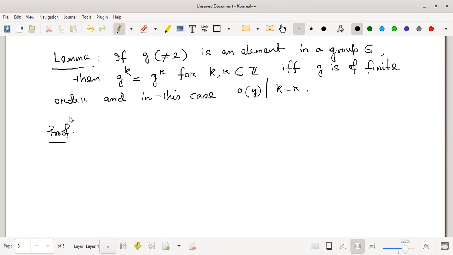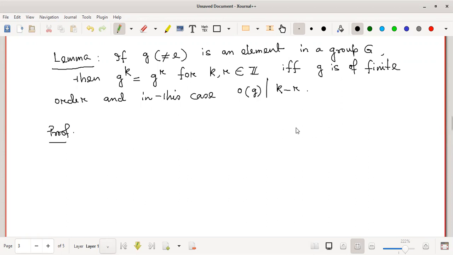Conversely, you have to prove that if g is an element in capital G which is of finite order, then there must exist integers k and r such that g to the power k equals g to the power r.